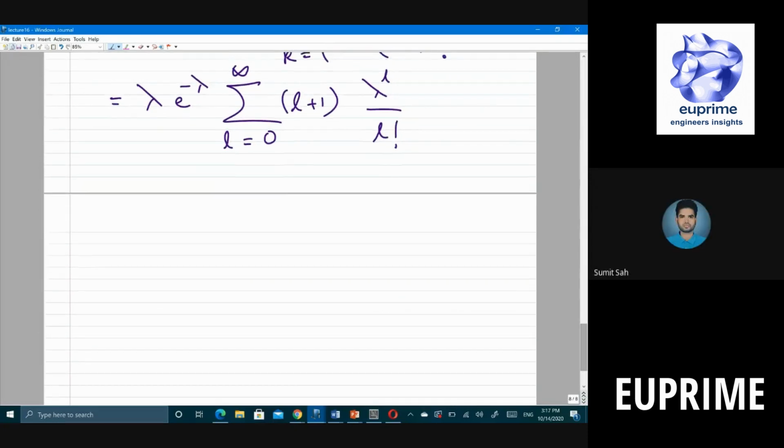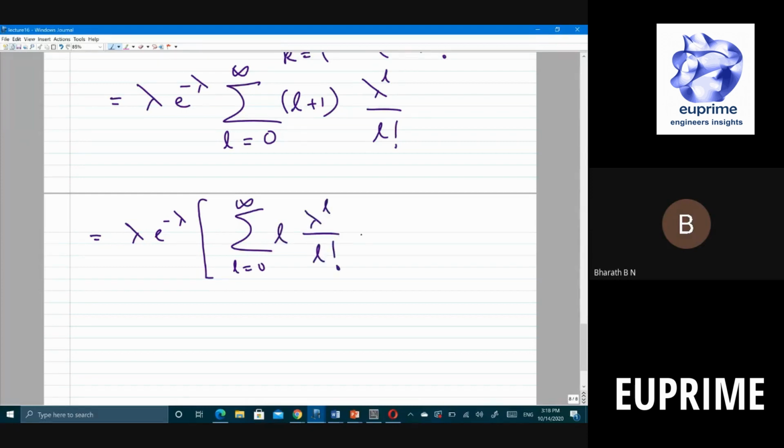Just multiply and let's separate that: e power minus lambda. The first term will be the sum from L equal to 0 to infinity of L lambda power L over L factorial. The second term would be the summation from L equal to 0 to infinity of lambda power L over L factorial. What can you say about the first term?